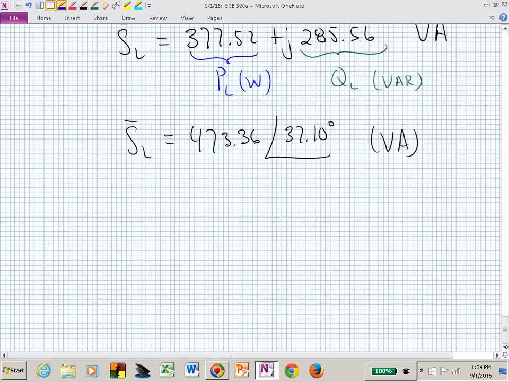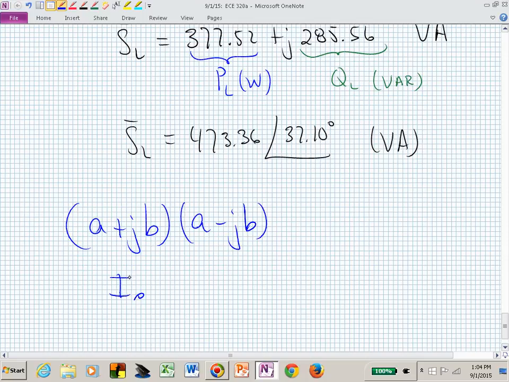So now if we look at that in terms of just complex numbers, I had an A plus JB times an A minus JB. This I could say was my I sub S, and this is I sub S star. Is that okay? And now I know that I have A squared plus JAB minus JAB plus J squared B squared with a minus sign.